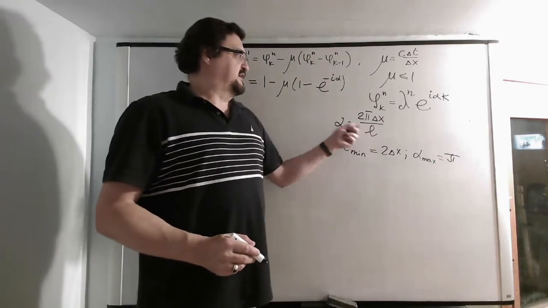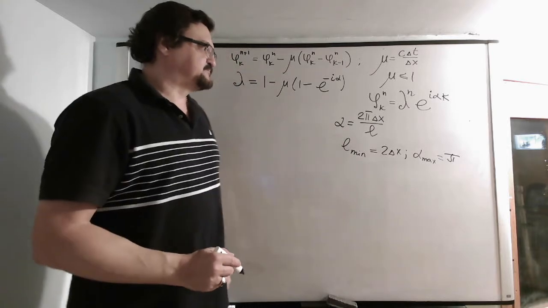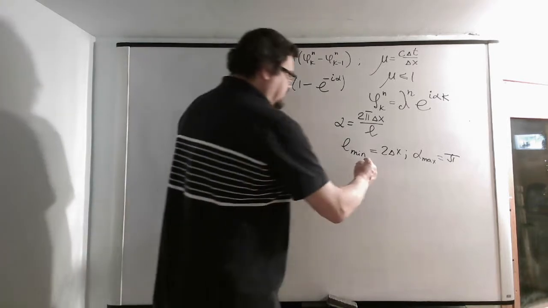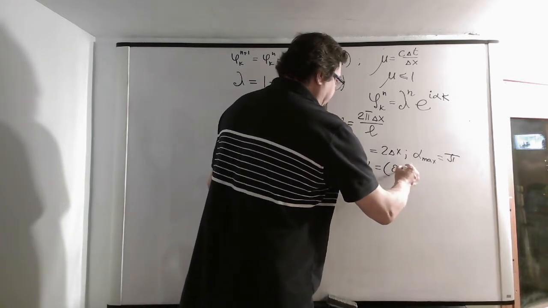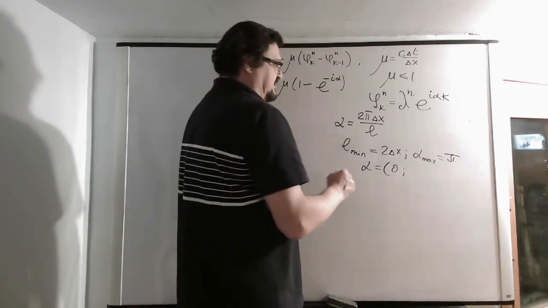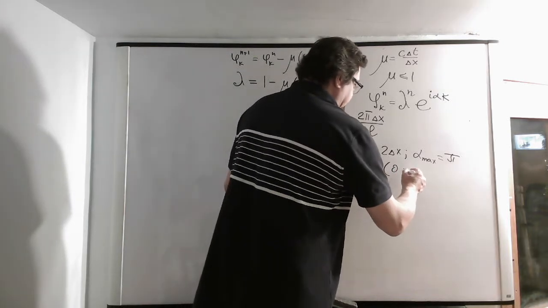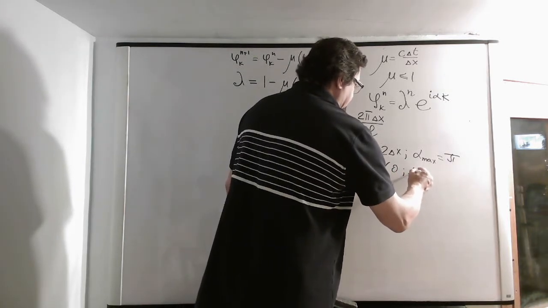For infinitely long waves, alpha approaches 0. So alpha generally is in the interval from 0, which is open, it cannot be exactly 0, to pi.